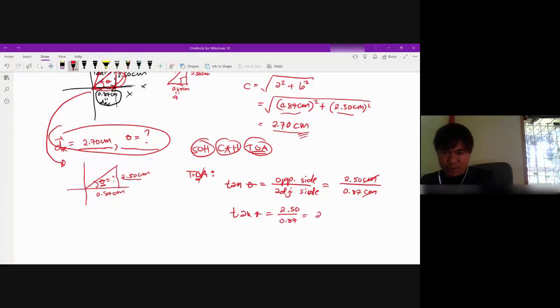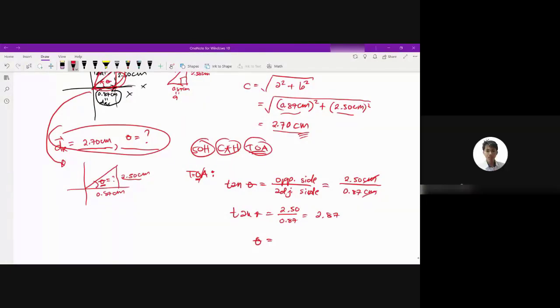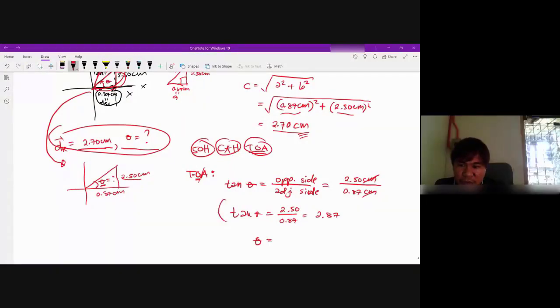Okay, so 2.87. So therefore, gusto na akong theta, so ang buhaton is applyan ni mong inverse tangent. So this is now, para mawala ang tangent here, applyan ni mo both sides by the tangent inverse.